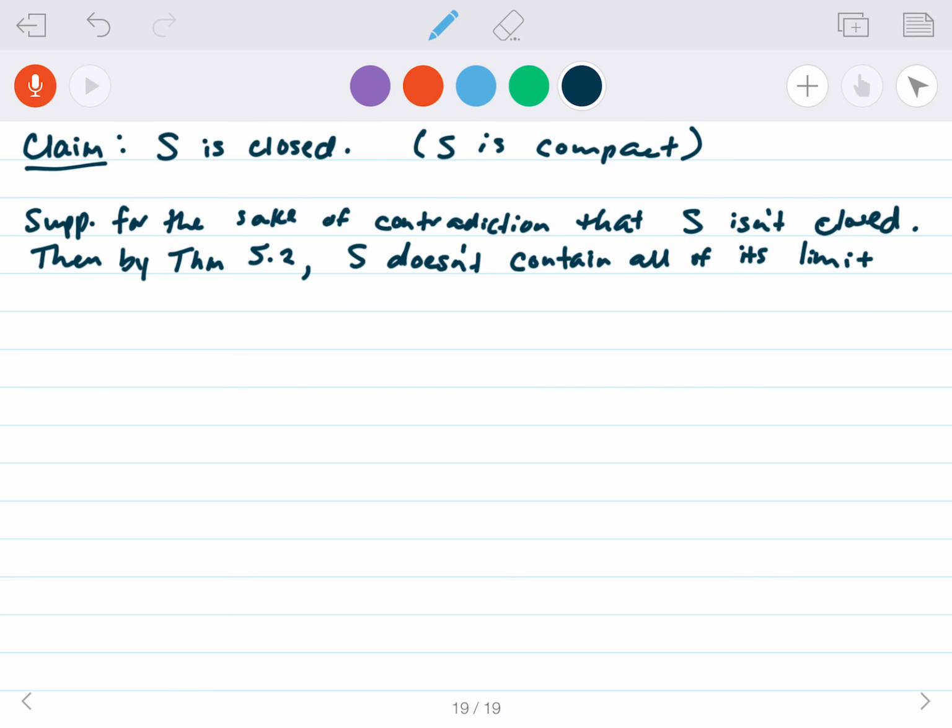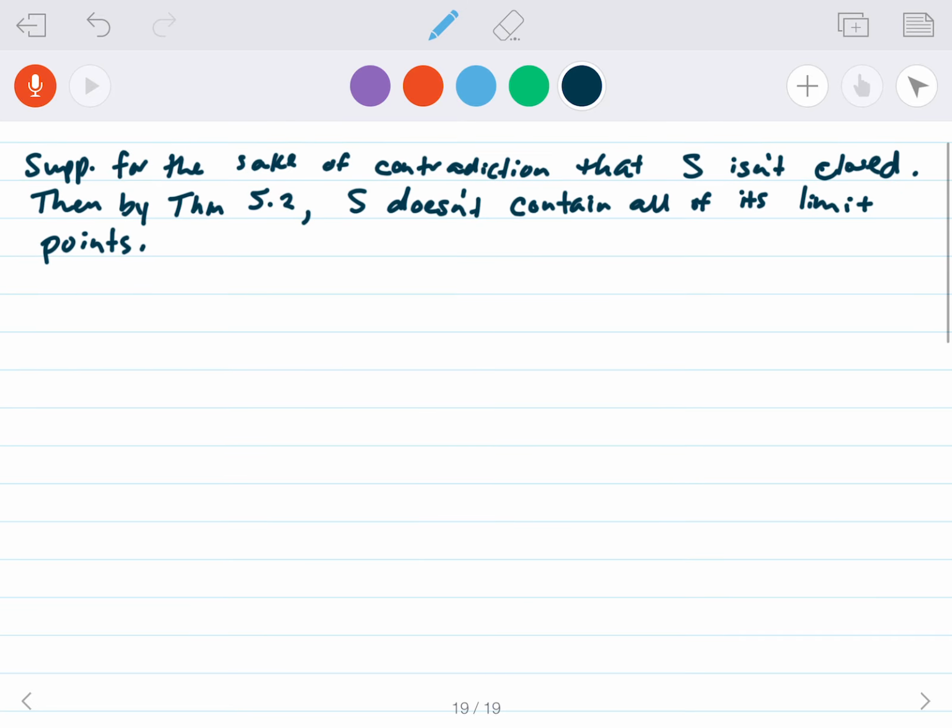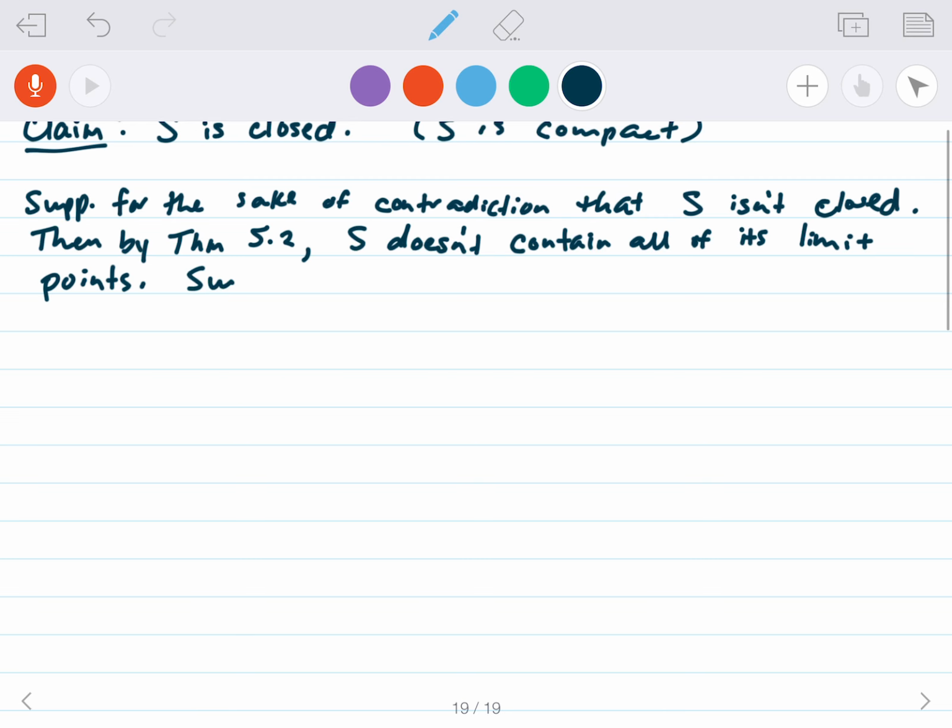Okay, so let's define a limit point that is not in the set. So we're going to suppose x is not in S, and x is a limit point of S. So what does it mean to be a limit point?